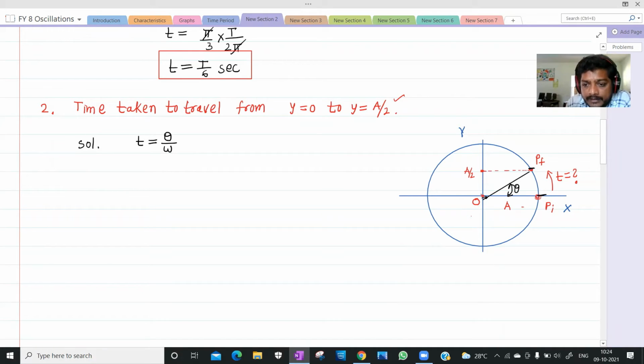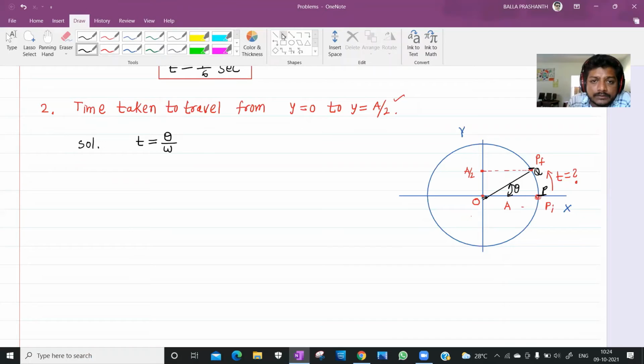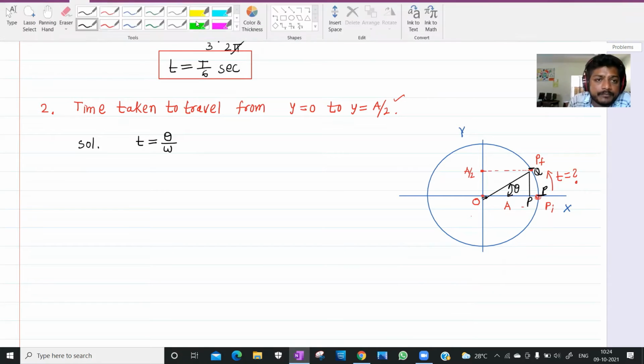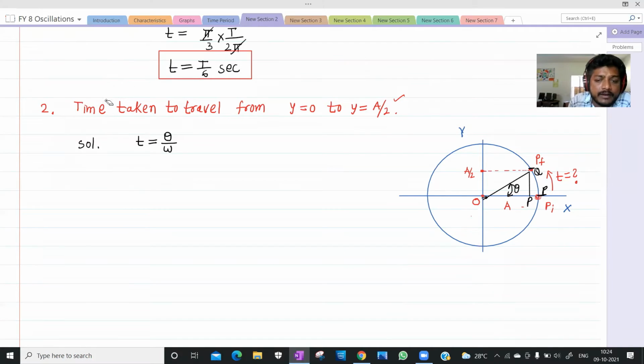So in this triangle, for example, this is O, this is P, this is Q. If you draw a perpendicular from Q onto P, I will draw this. What letters you want to take, you can take, no problem.